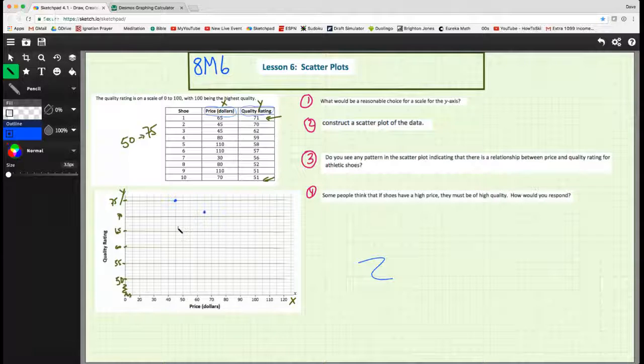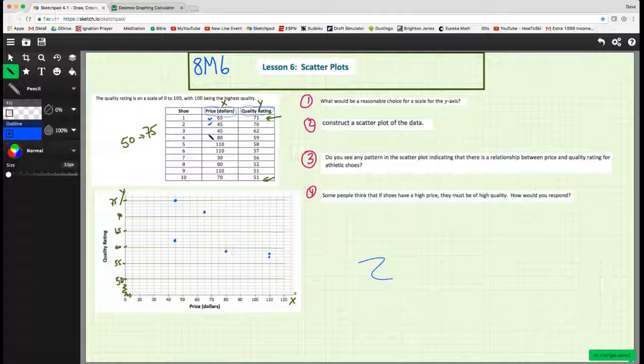I have a $45 shoe that also just gets a 62. I have an $80 shoe that gives me a 59. I have a $110 shoe that gives me a 58. And one that gives me a 57.